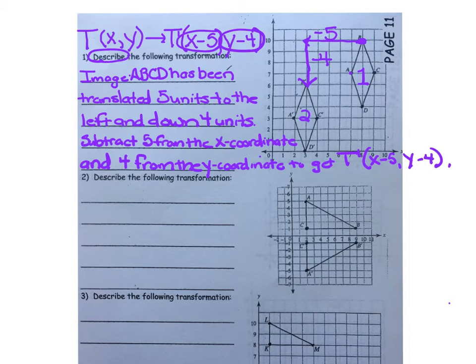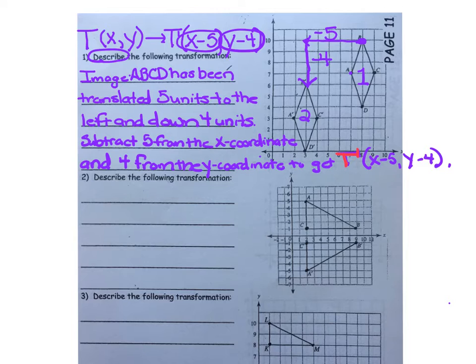Your response should look something like this. Image ABCD has been translated 5 units to the left and down 4 units. Subtract 5 from the x-coordinate and 4 from the y-coordinate to get the translation T prime, x minus 5, comma, y minus 4.